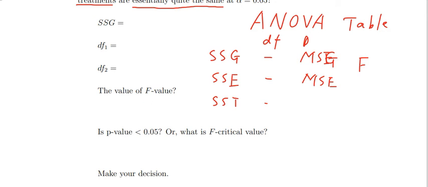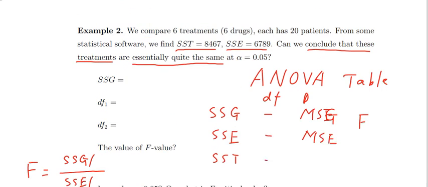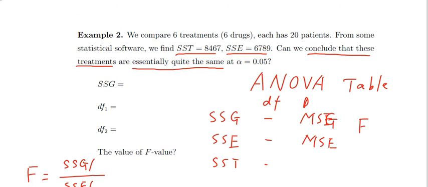The F value is SSG over its degree of freedom, divided by SSE over its degree of freedom. At first we need to find SSG. What is SSG? SSG equals SST minus SSE.